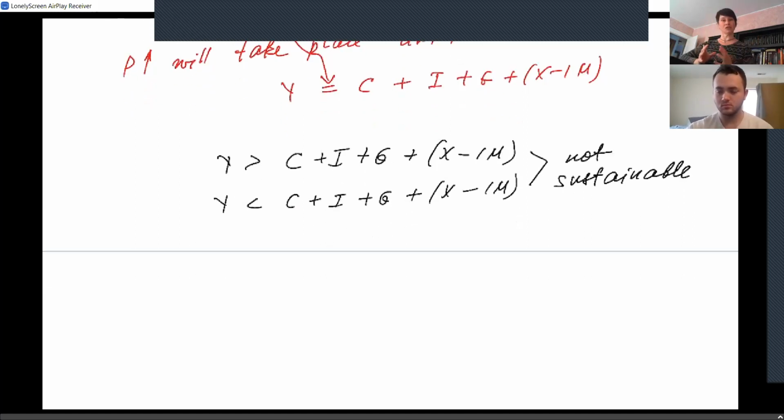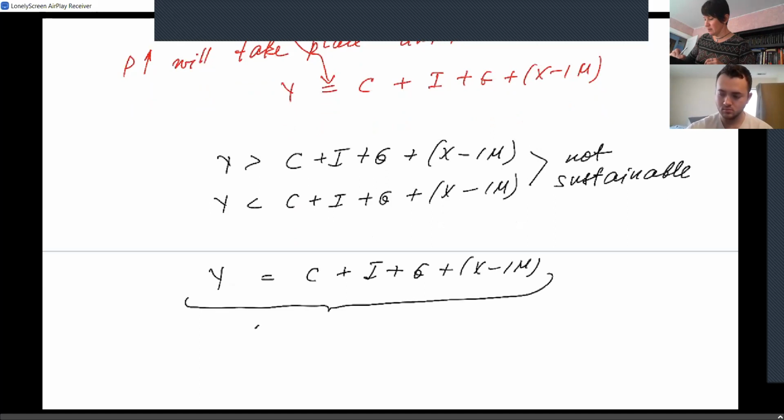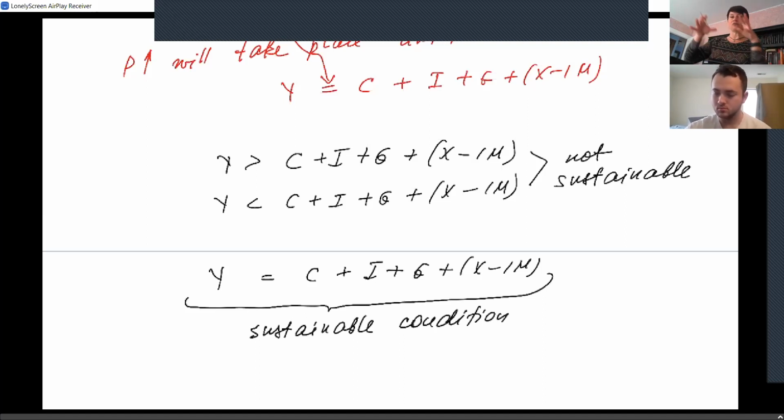Okay. The only condition that is sustainable, that's right, the equilibrium one. The only sustainable condition, and the reason we call it sustainable, is because there are no forces that will either push the price up or down. Sustainable in a sense that no changes will come because we have total supply matches total demand.